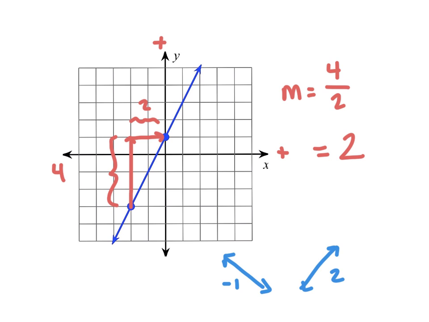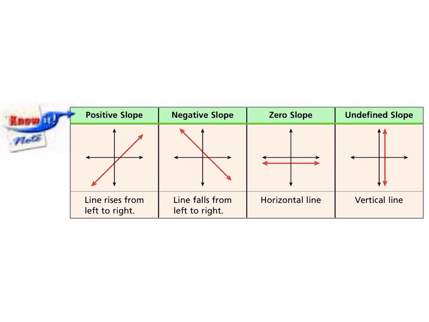Let me show you what I mean in a little table. So as I mentioned, there's an easy way to tell if a slope's going to be positive, negative, 0, or undefined. When a line goes upward from left to right, that's a positive slope, as it says in the table. When it goes downward, ooh man, I'm not spelling that very well, am I?